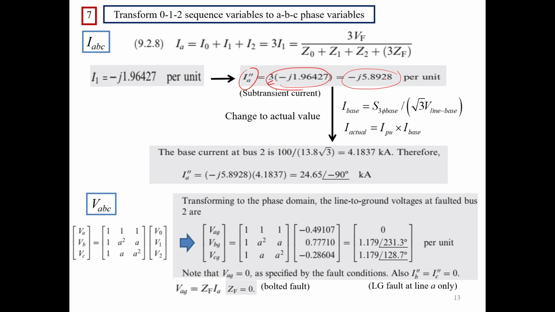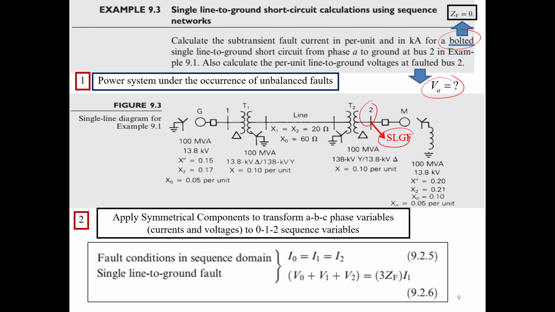If you want to know how much it is in real quantity, you multiply this by the base current. Since it is in zone 2, the base MVA is 100 MVA and the voltage at this position is 13.8 kV.